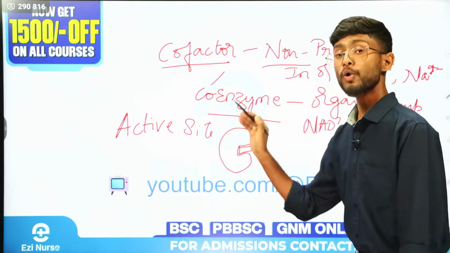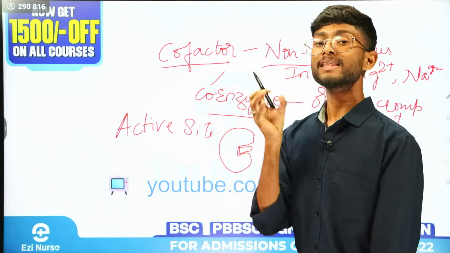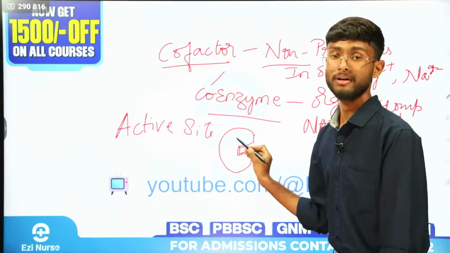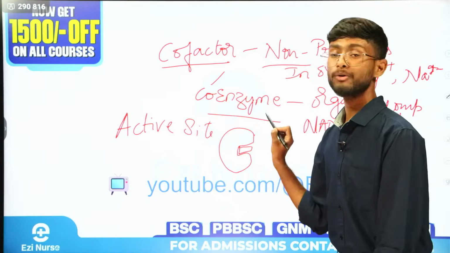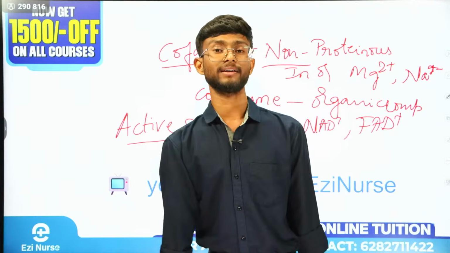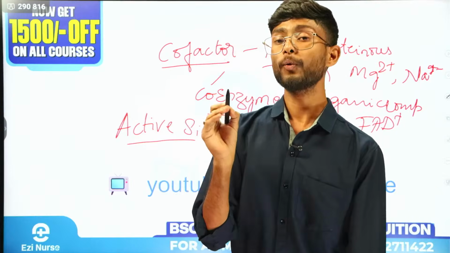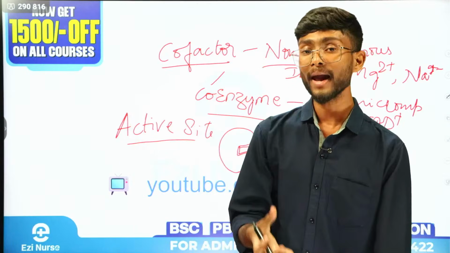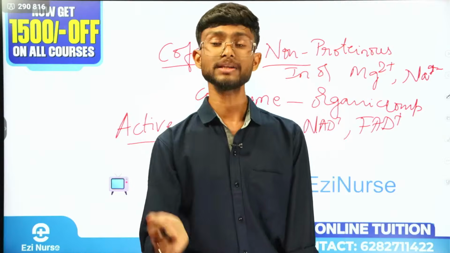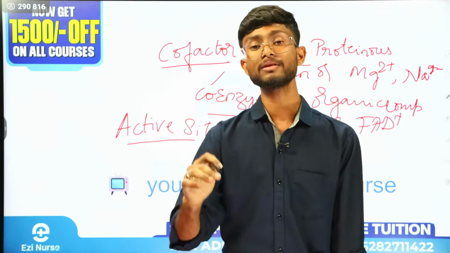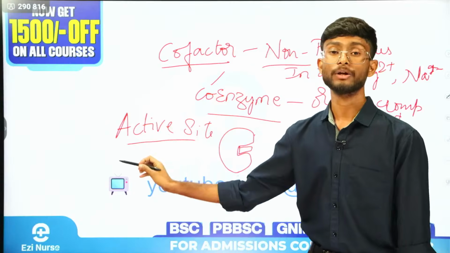The place where exactly the substrate binds and forms a reaction is called the active site. You can define the active site as the region where the substrate binds and the reaction proceeds from reactant to product, completing the reaction. That is known as the active site.